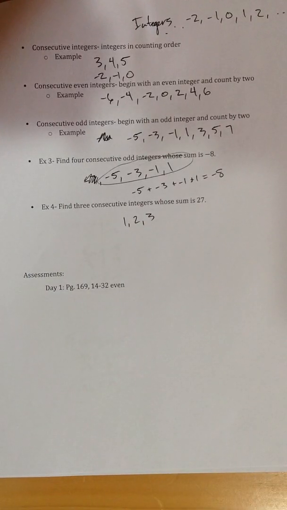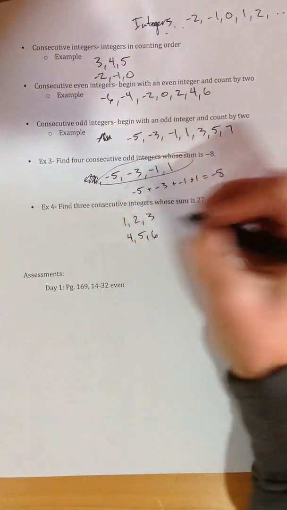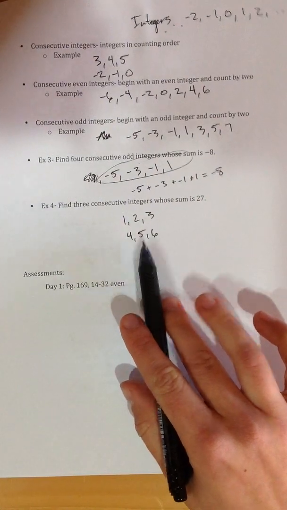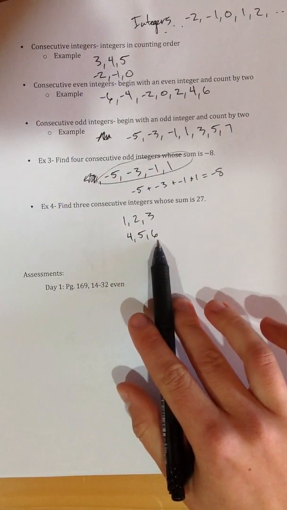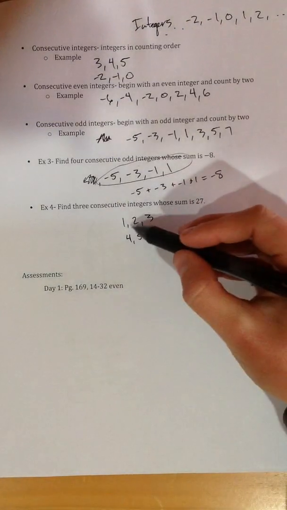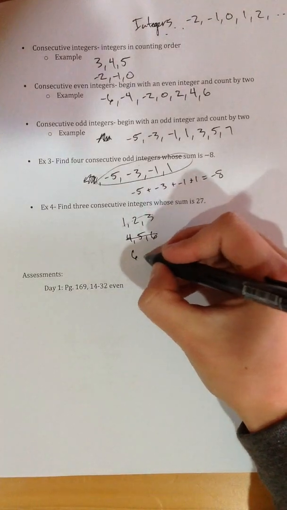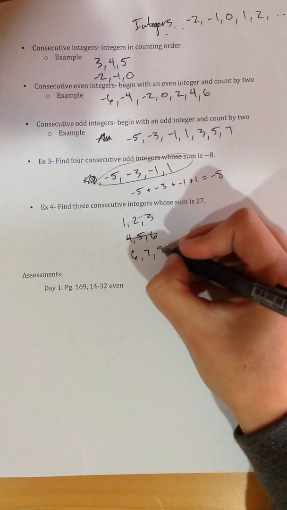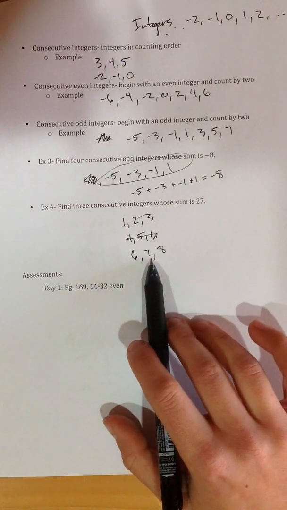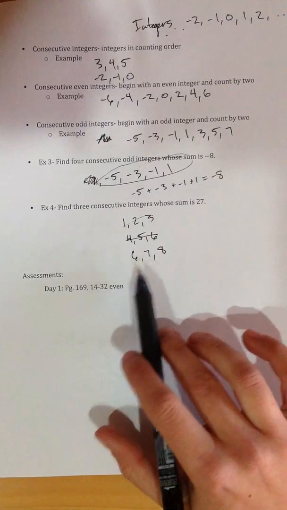So maybe I try like 4, 5, 6. If I add 4 and 5, that's 9, plus 6 is 15. So I'm getting closer, but I'm not quite there yet. So those don't work. Maybe I go 6, 7, 8. If I do 6 and 7, that's 13, plus 8 would be 21, so I'm still not there yet.